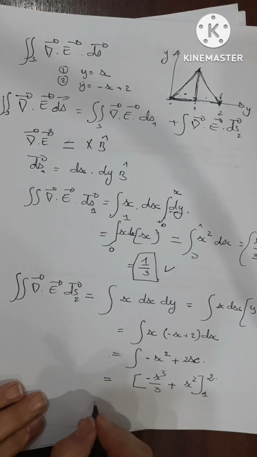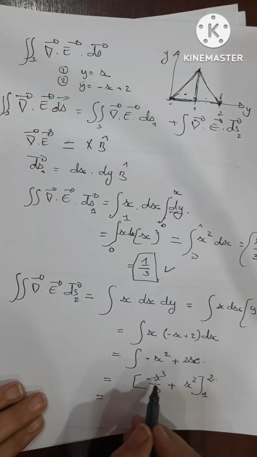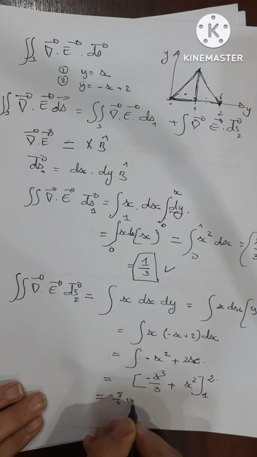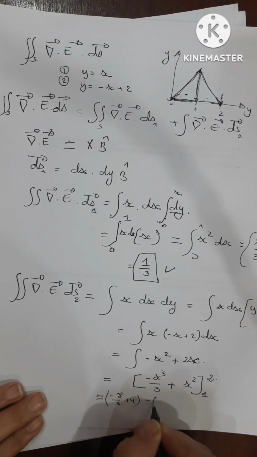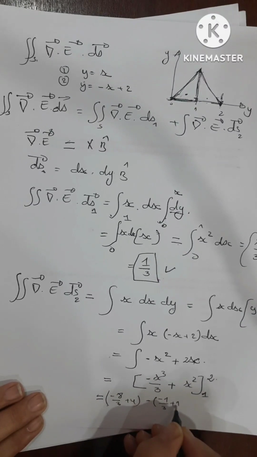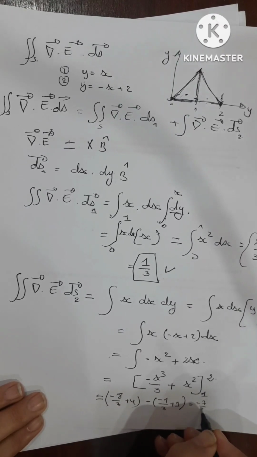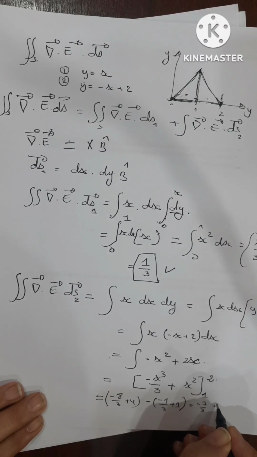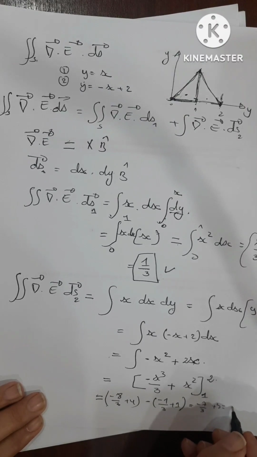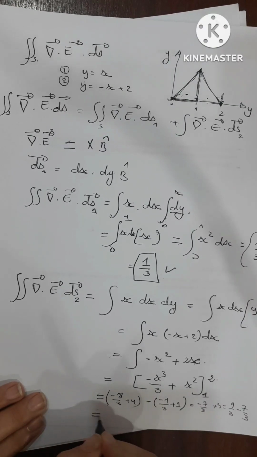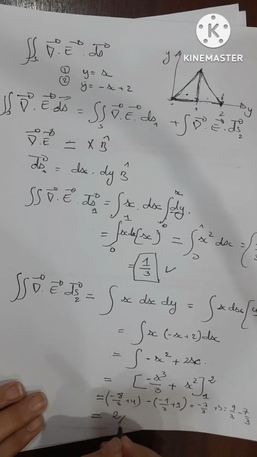So it's minus 8 over 3 plus 4 minus 1 over 3 plus 1. The result is minus 7 over 3 plus 3, which is 9 over 3 minus 7 over 3. So the result is 2 over 3.